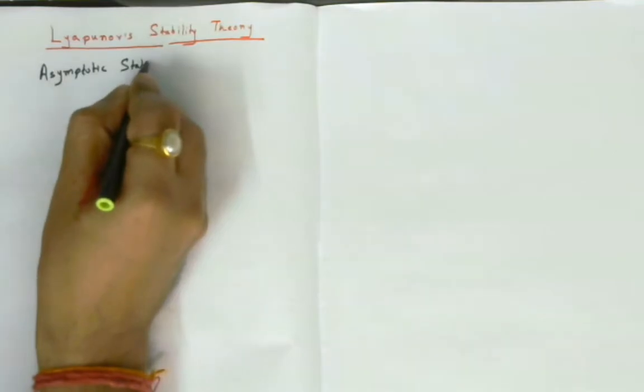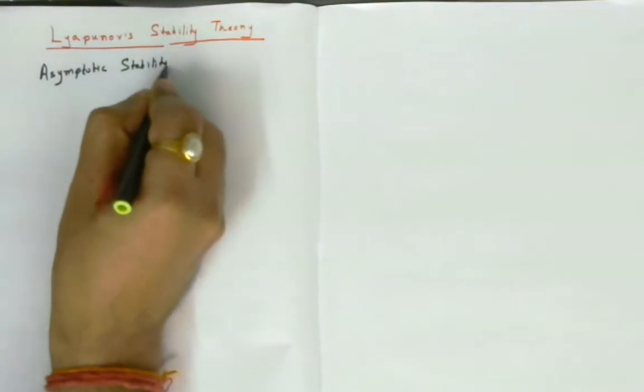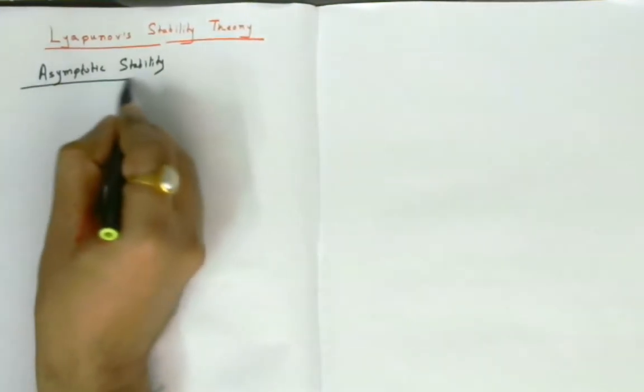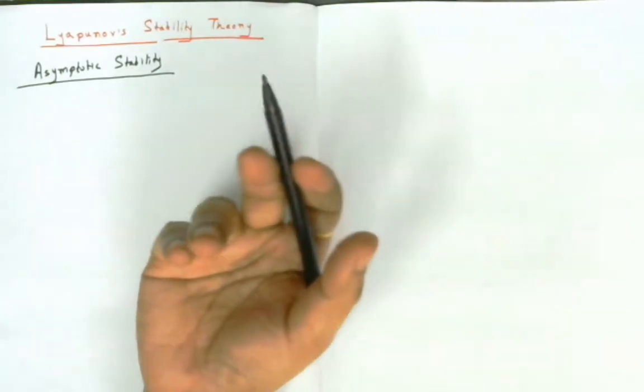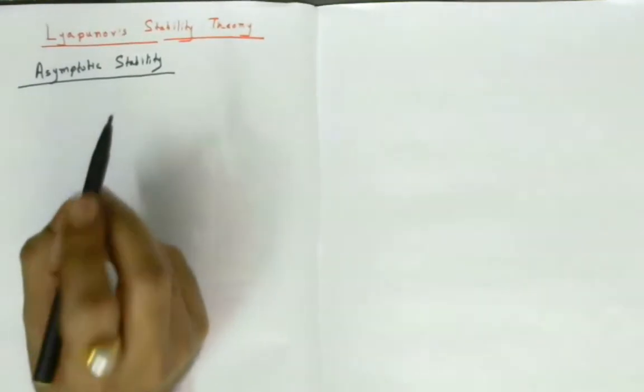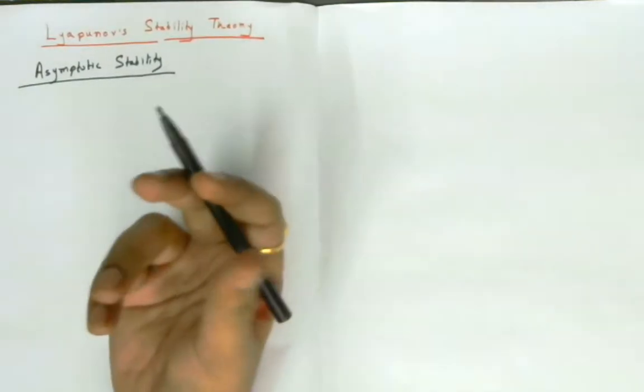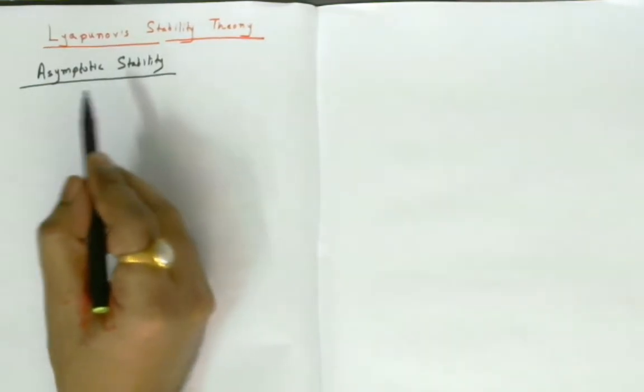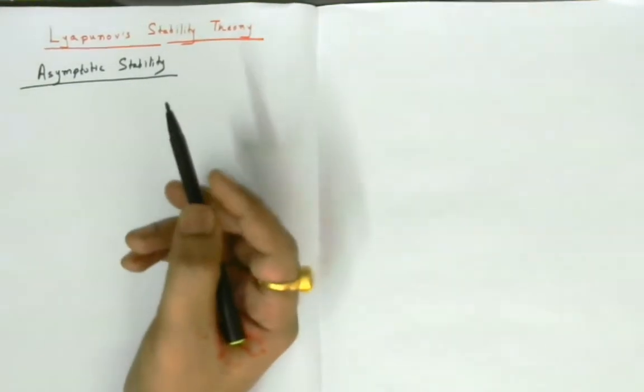I will discuss in detail asymptotic stability in the large, asymptotic stability in the small, and asymptotic stability in the sense of Lyapunov. Before that, I'm just giving you a very small introduction from a practical point of view, of what asymptotic stability is meant for.